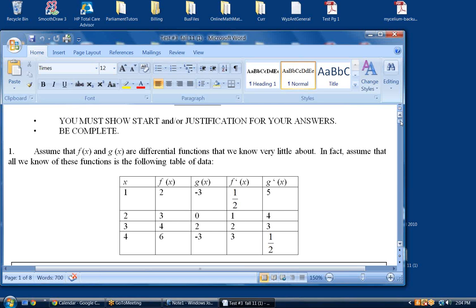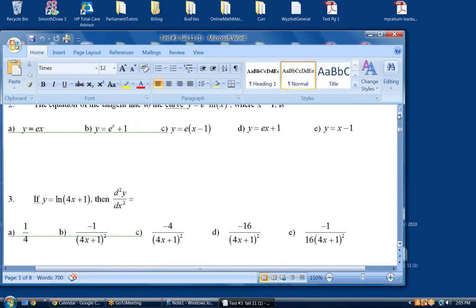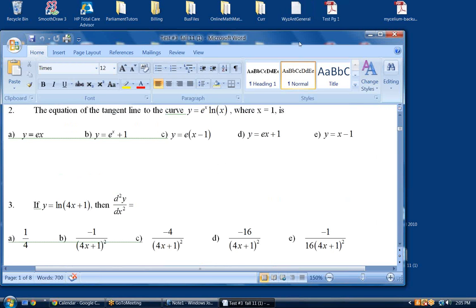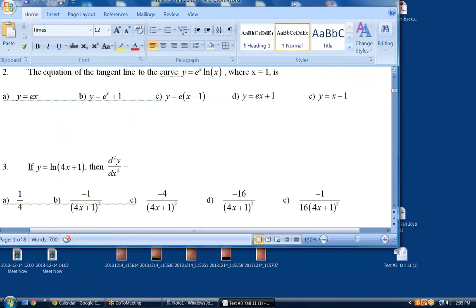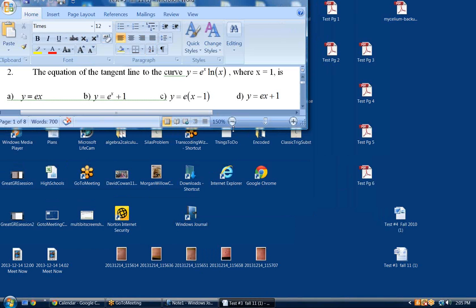So this is going through my physics. I guess number 2 would be a good place to start. When we're looking for the equation of the tangent line, the most important thing is slope.